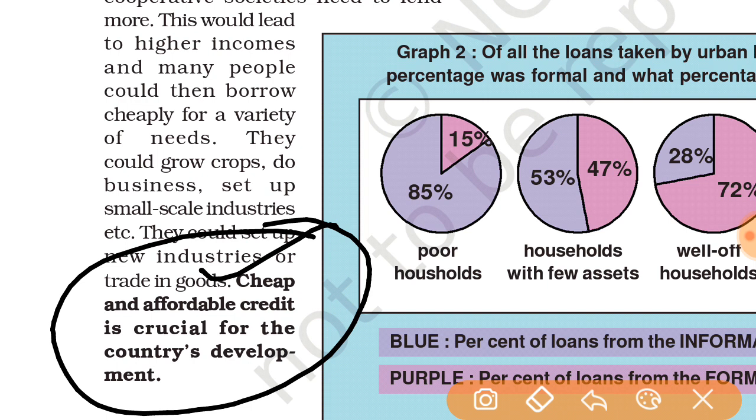Means only banks are able to give loans to small scale industries or small businessmen at a low rate of interest. Then they are able to set up production activity. But if they borrow money at a high rate of interest, then development is not possible. That is why it is said that cheap and affordable credit is crucial for the country's development.